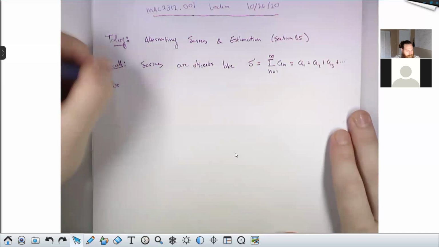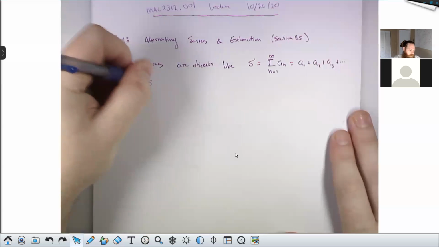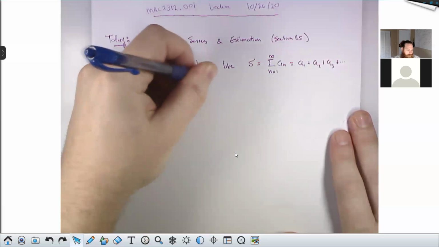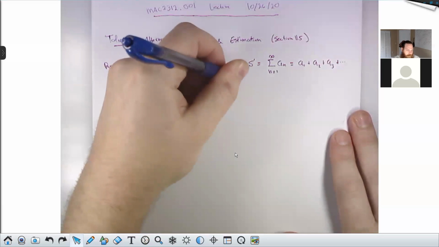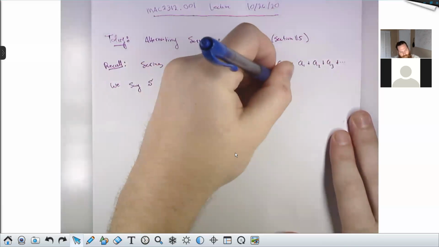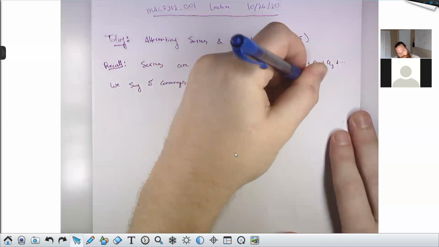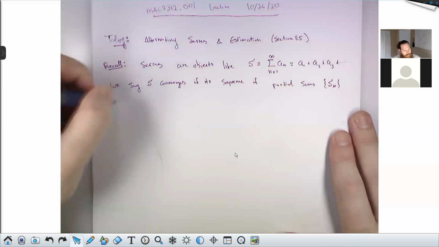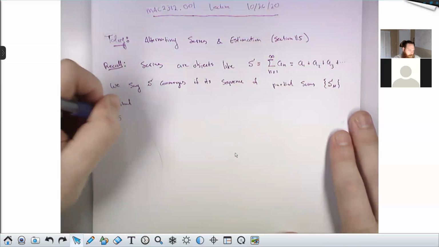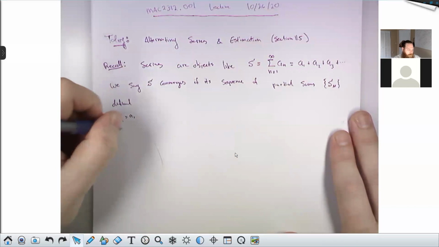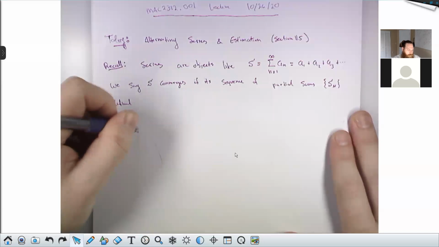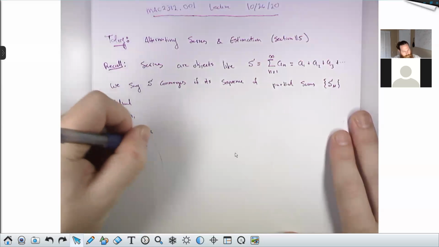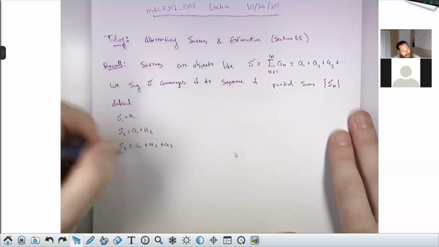And we say these converge. We say that the series S converges if its sequence of partial sums, which is the sequence S_n defined by saying S1 is a1, S2 is a1 plus a2, S3 is a1 plus a2 plus a3 and so on.